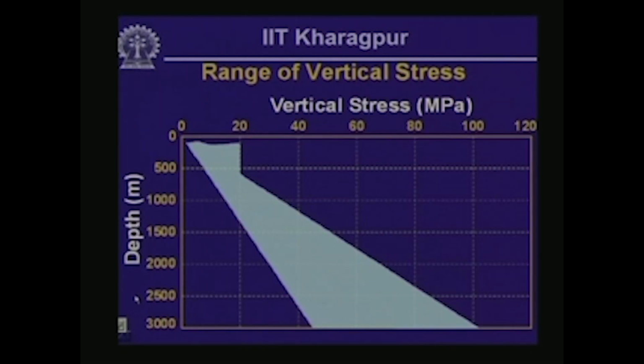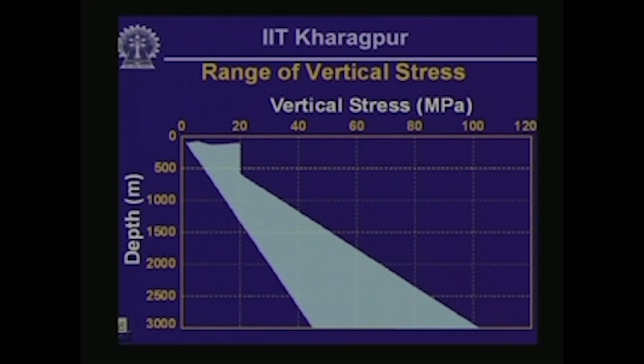Okay. Now this particular plot shows the range of measurements of vertical stress in rock, without considering topographic effect, from across the world. This plot is adapted from the data compiled by Hoek and Brown in their book, and you can see that there is a wide range of variation in sigma V prime.